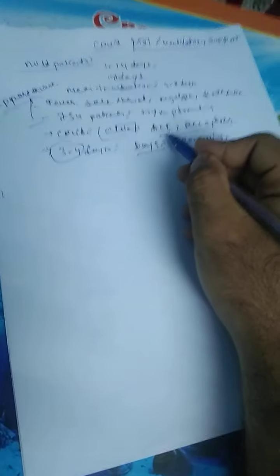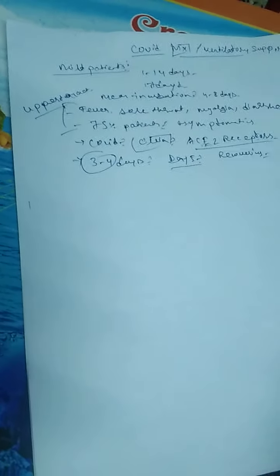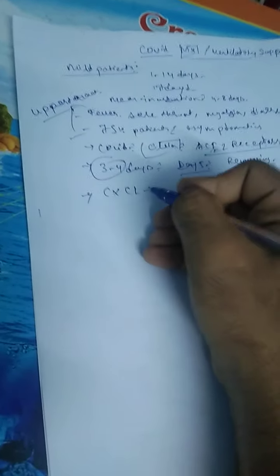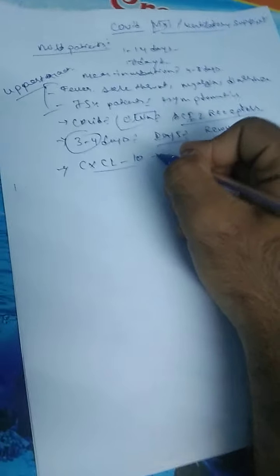Now let's talk about this. The virus goes inside through the ACE2 receptors and replicates. One study has shown that CXCL10 is really reduced in some patients.